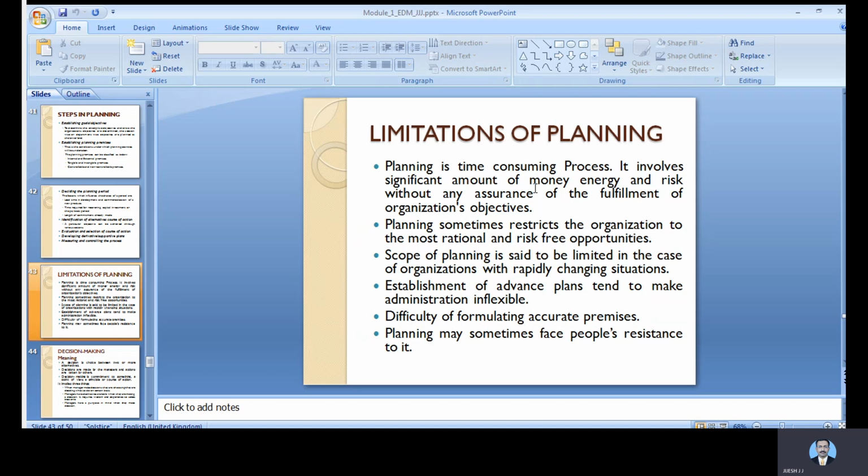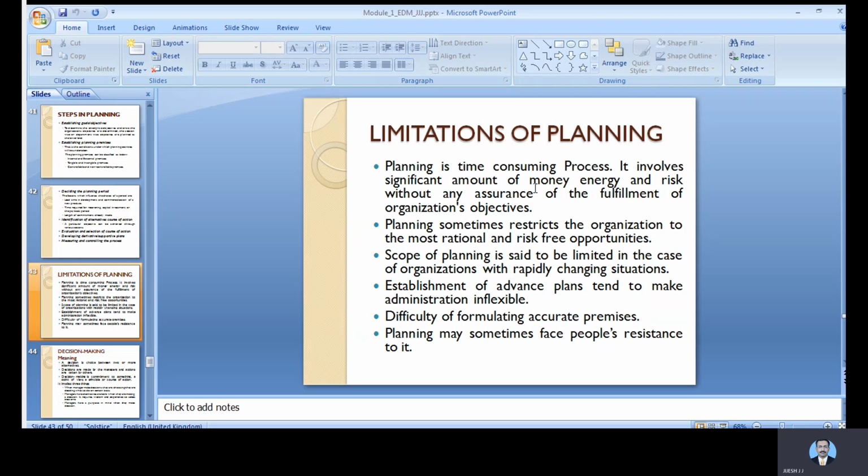So all those are some of the limitations or problems which planning will have. And these are all the things we have to discuss on planning.